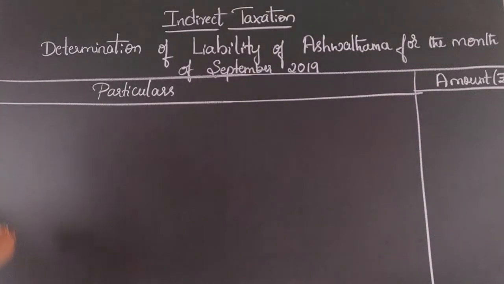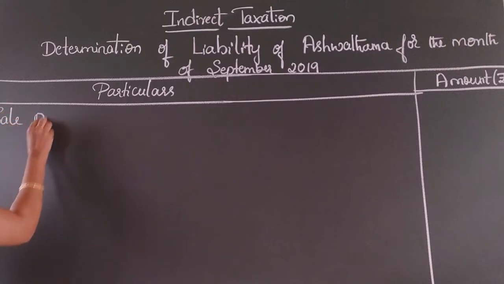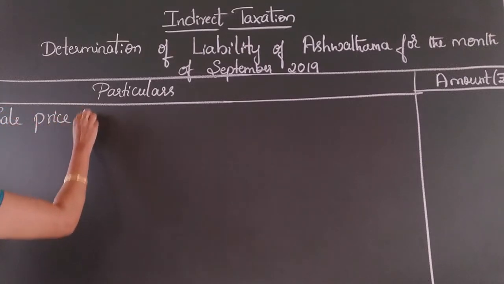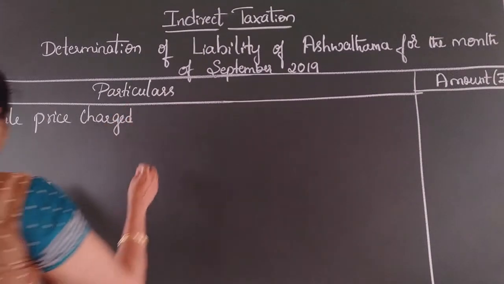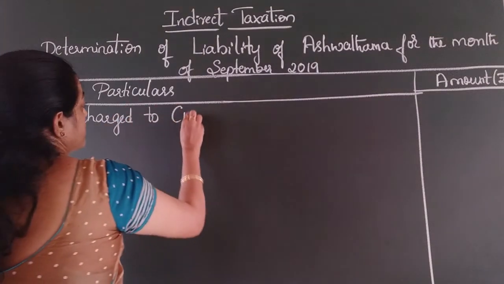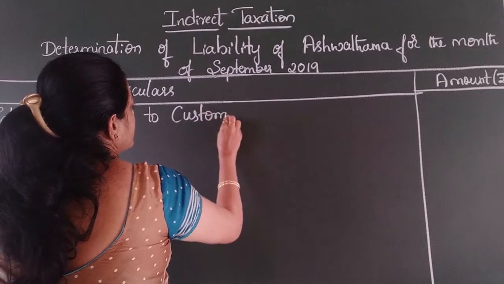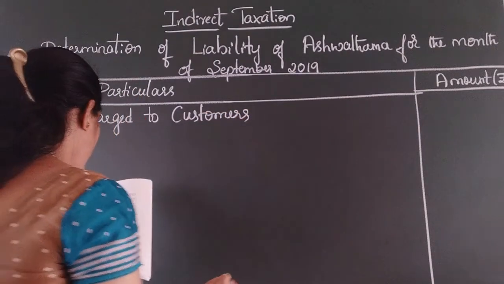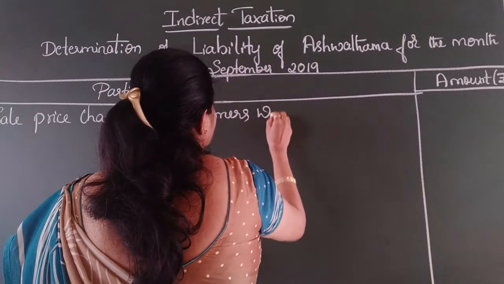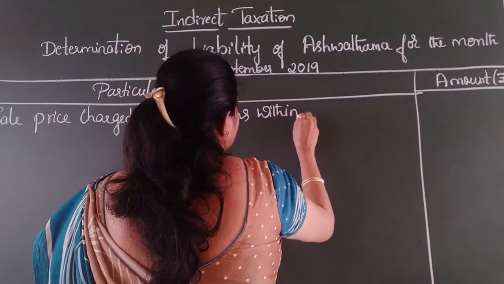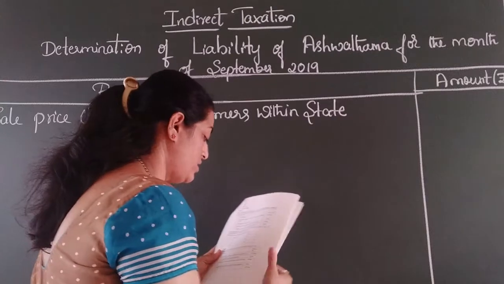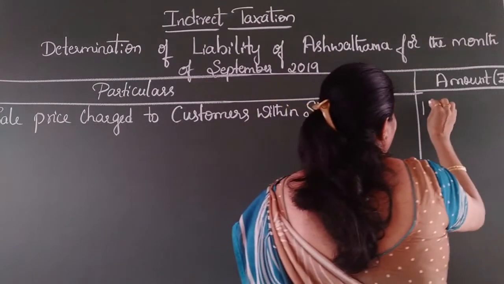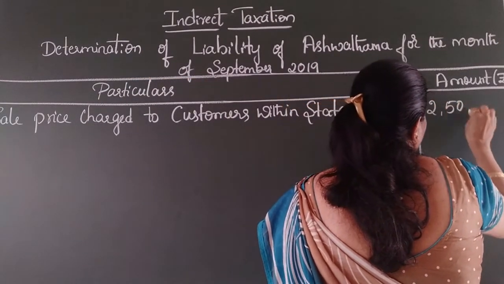So first one, sale price charged to customers within the state. Amount, excluding GST they have given, that is 12,50,000.